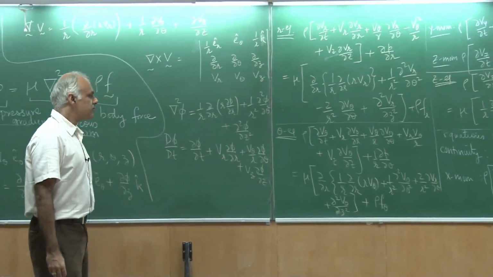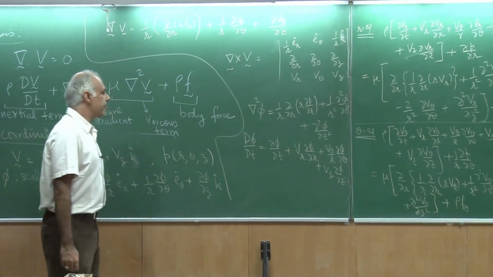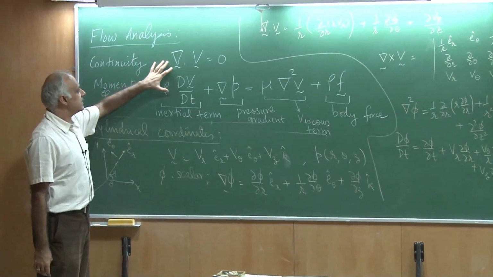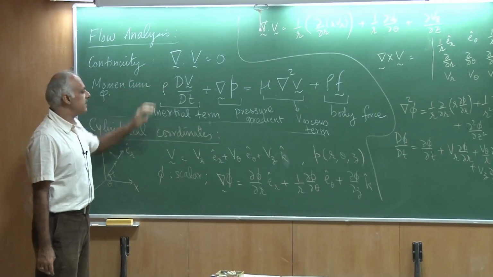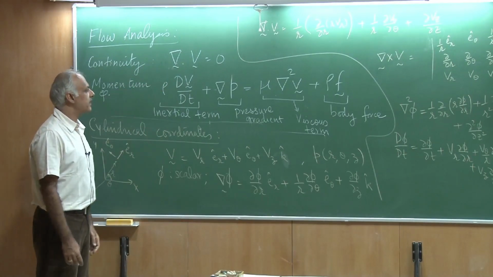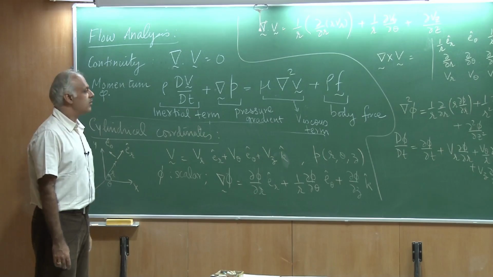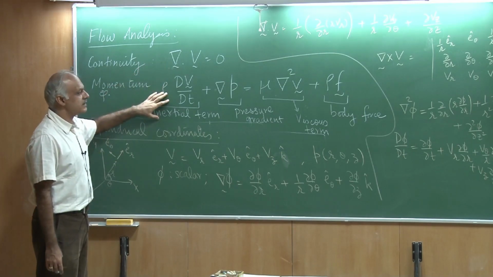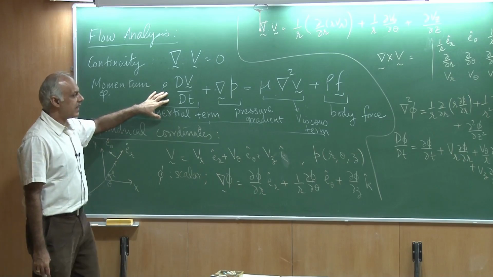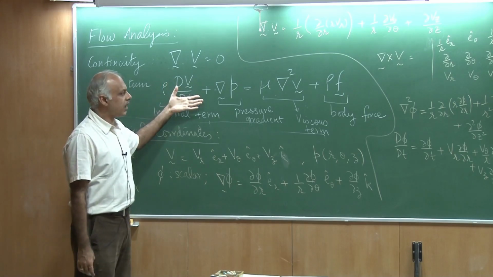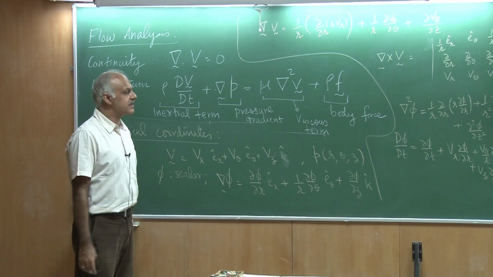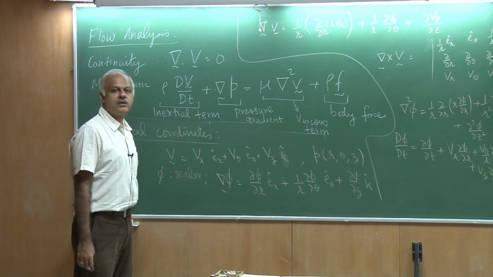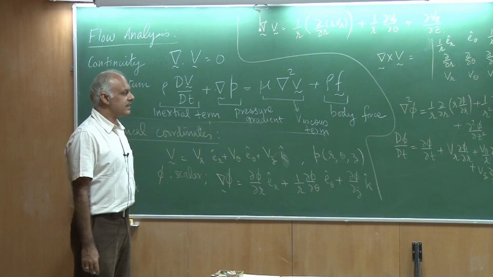So let me summarize what we have done. We had these equations which represent the flow in a general three-dimensional domain, the continuity equation and the momentum equation, and I showed them to you how they can be expanded in the Cartesian coordinates, and then we also saw how to write them in the cylindrical coordinates.